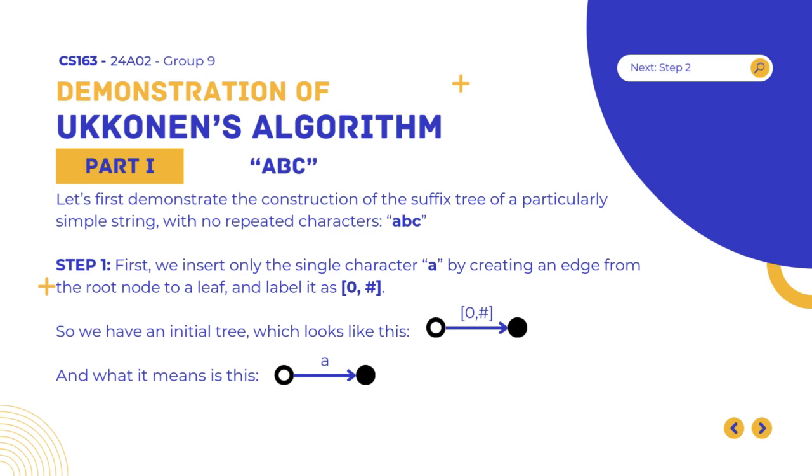Hash is currently 0. So this is the root node, and it points to a leaf node, and the value of that edge, which is actually the value of that node, is 0, hash, and it is A, because hash is now 0. So 0,0 is basically the first character of that string, which is A.